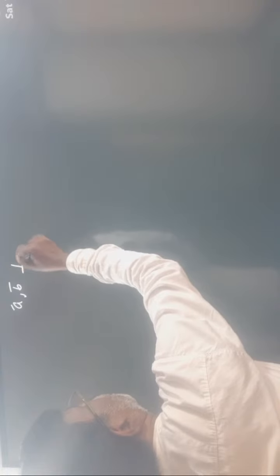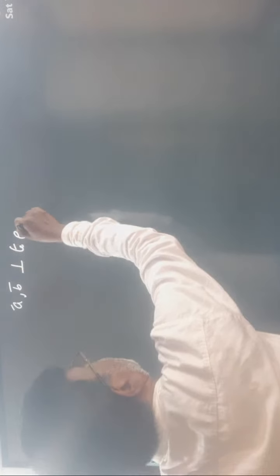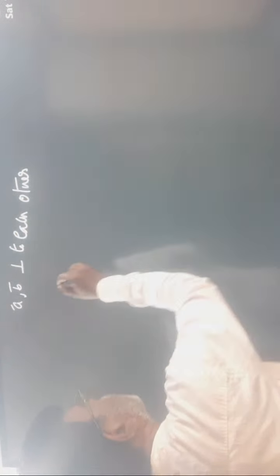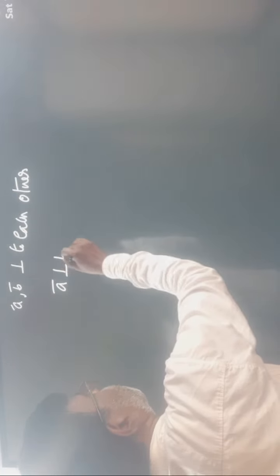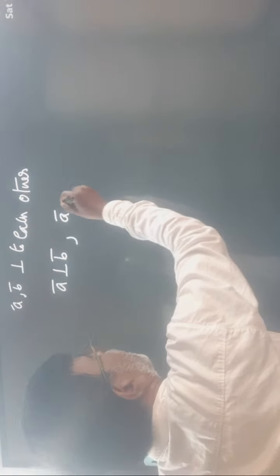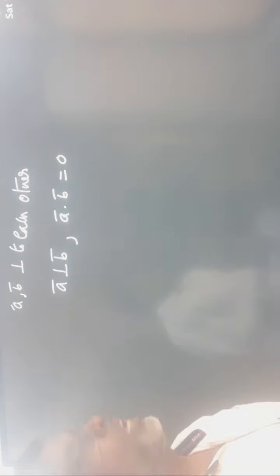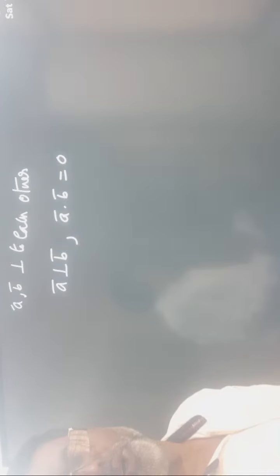Suppose A bar, B bar are perpendicular to each other. A bar perpendicular to B bar is nothing but A dot B equals 0.